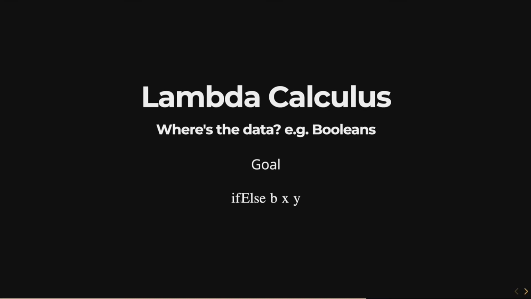So the goal is that you want to write some kind of function, let's call it if-else, that when applied to some term that represents a Boolean is going to select either the first or the other, second argument, depending on what this term here is, right?